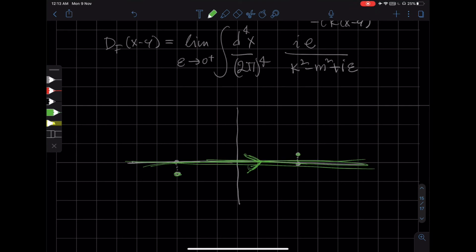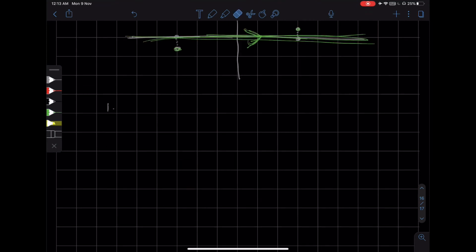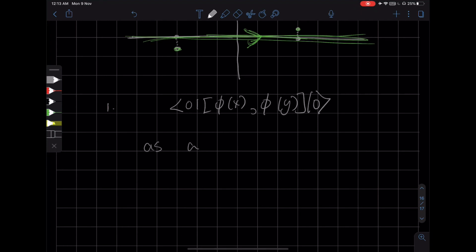So anyway, let me just end with a few comments. It's convenient to express the boundary condition of, say, a propagator like this as a contour integral. And the contour was chosen in such a way that this was a retarded propagator.